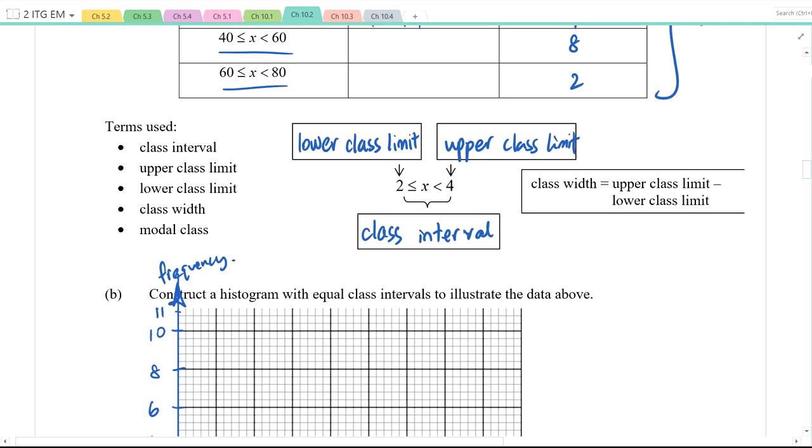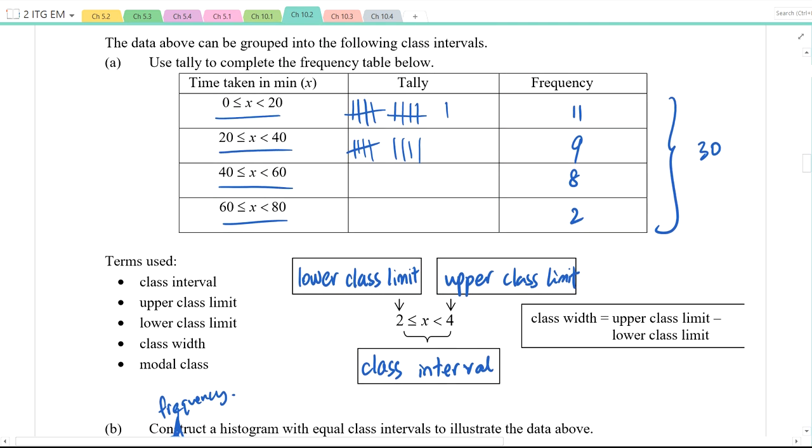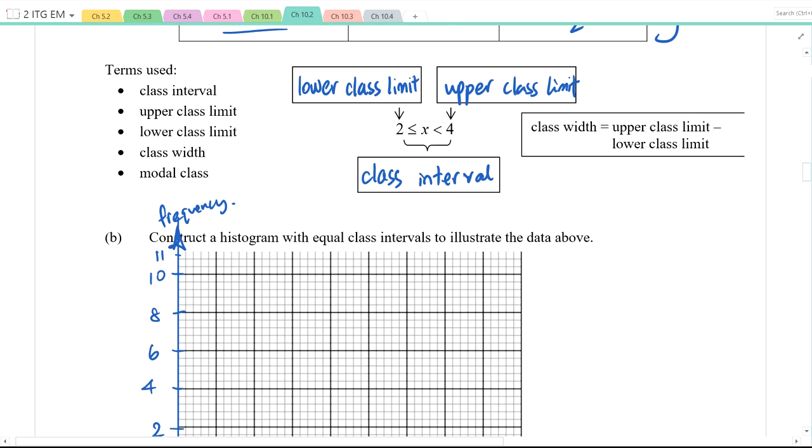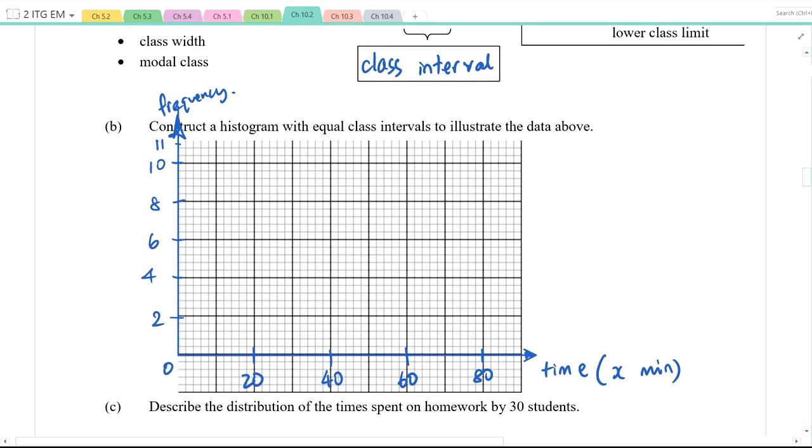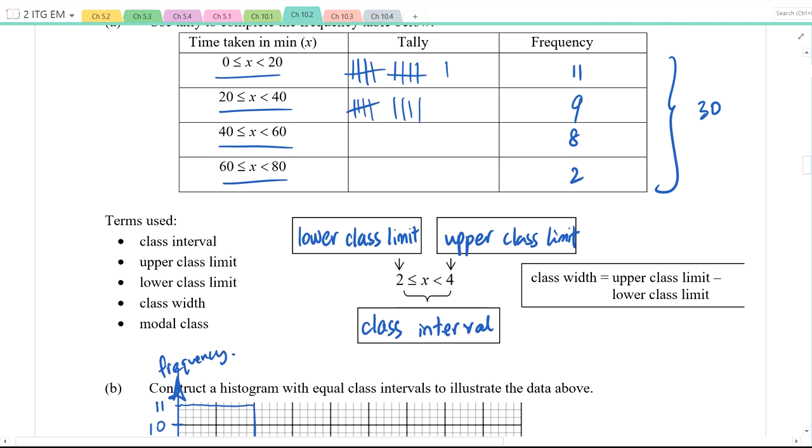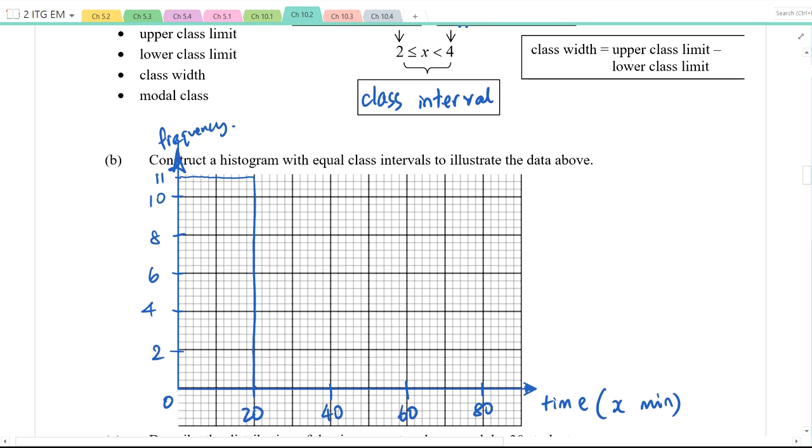So now for the range of 0 to 20, we've got the highest frequency of 11. So using a ruler, draw a horizontal line. You must be using a ruler for this. So this is for our first class interval. Second class interval, 20 to 40, frequency is 9.